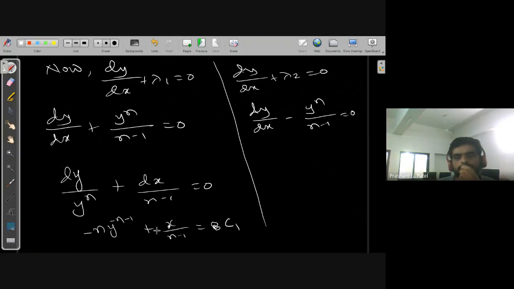Here the only change is the negative sign, so the other is y^(1-n) upon (1-n) minus x upon (n-1) equal to c2.